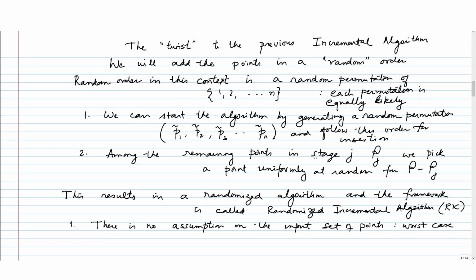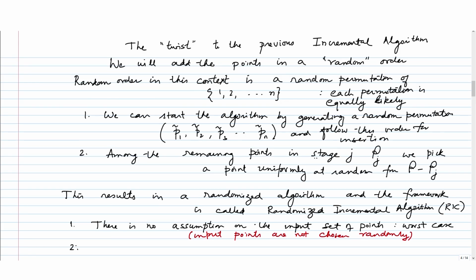Input points are not chosen randomly. Very important point. So, it is worst case with respect to input, but the performance of the algorithm will depend on what is the permutation that has been generated.